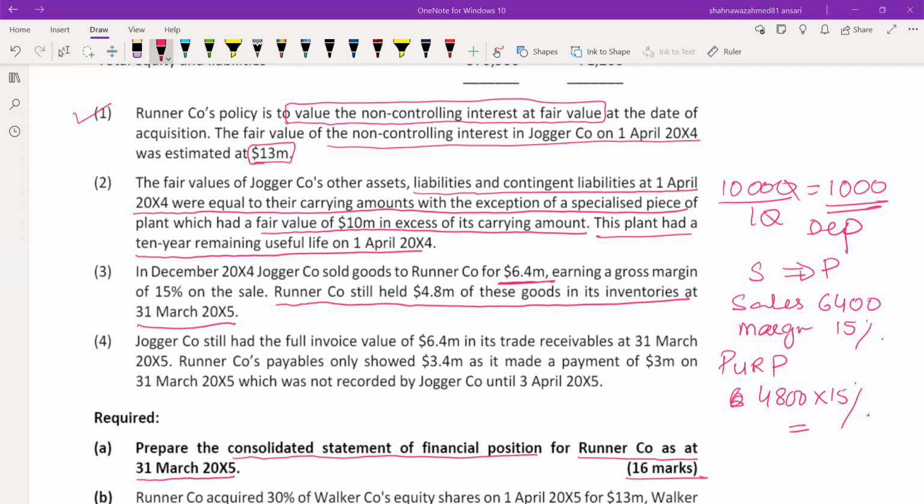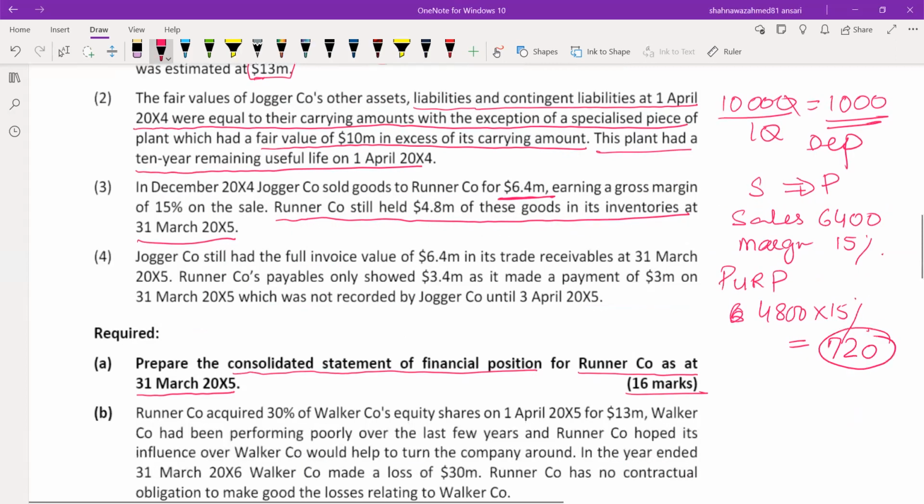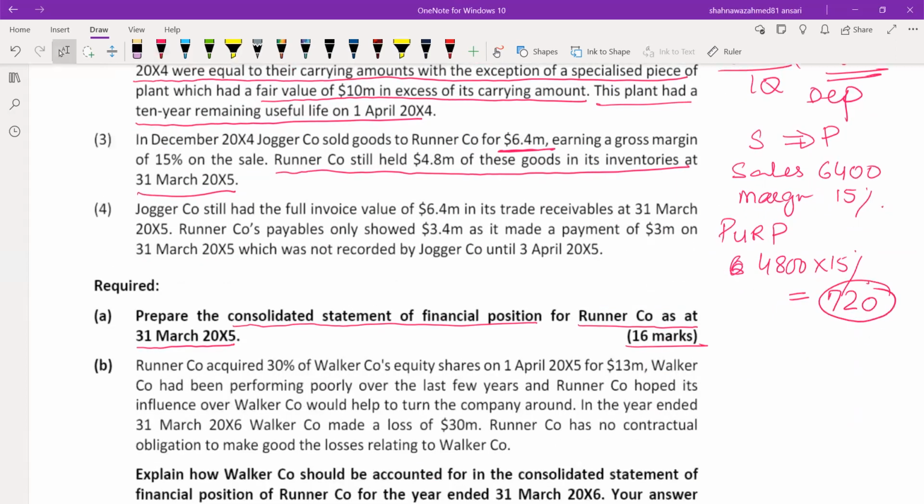So it's 720. So PURP is 720. And the seller is a subsidiary. So the effect of PURP: consolidated retained earning debit, NCI debit, and stock credit. The effect is in CRE as well as NCI, up to 80% goes to the parent company, that is 576. And the remaining 20%, 144, we have to deduct from NCI.